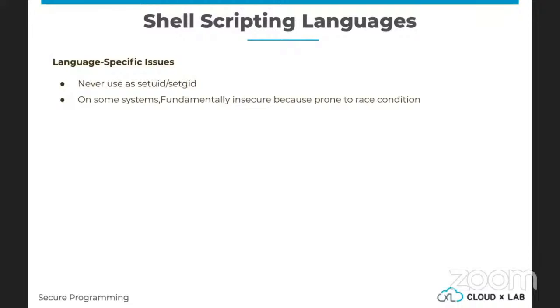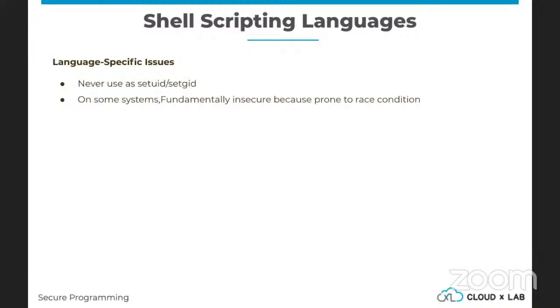Now, coming to shell scripting, it is a bit disastrous when it comes to security. Fundamentally, every shell script is prone to race conditions, because in a shell script you can pause the execution of the script at any point of time, or slow down the execution of a step at any point of time.